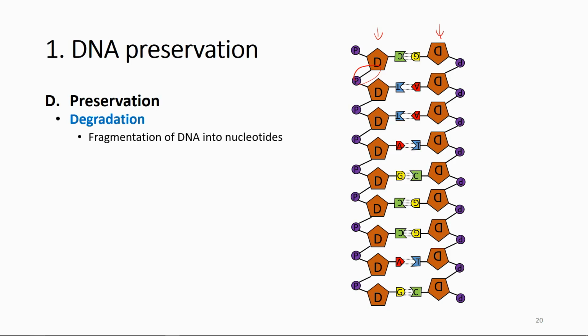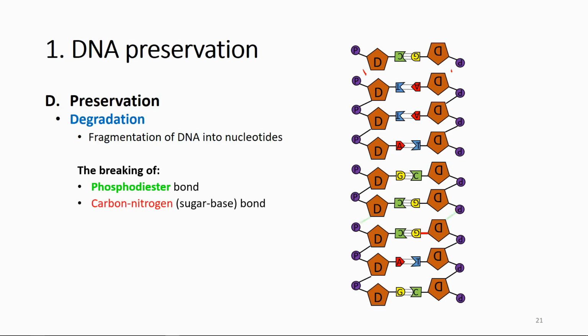DNA degradation refers to the fragmentation of the DNA molecule into nucleotides. That means this phosphate bond is damaged, or the carbon-nitrogen bond, for example this one.